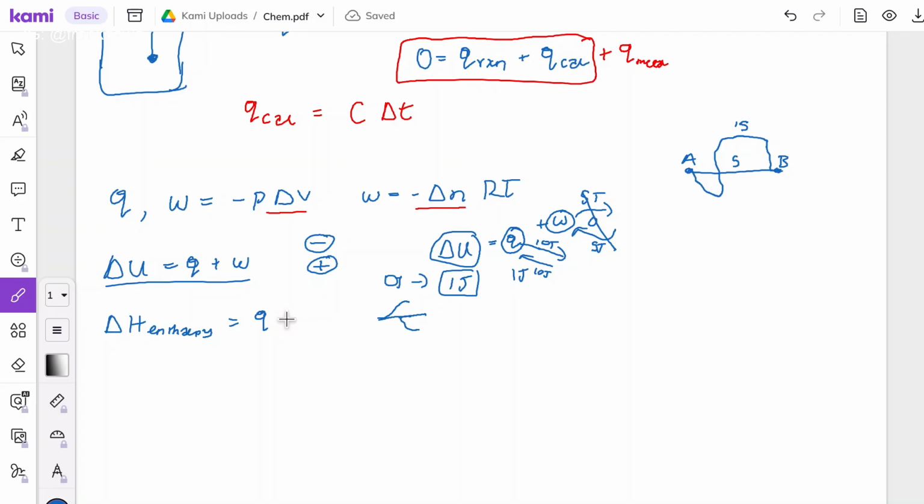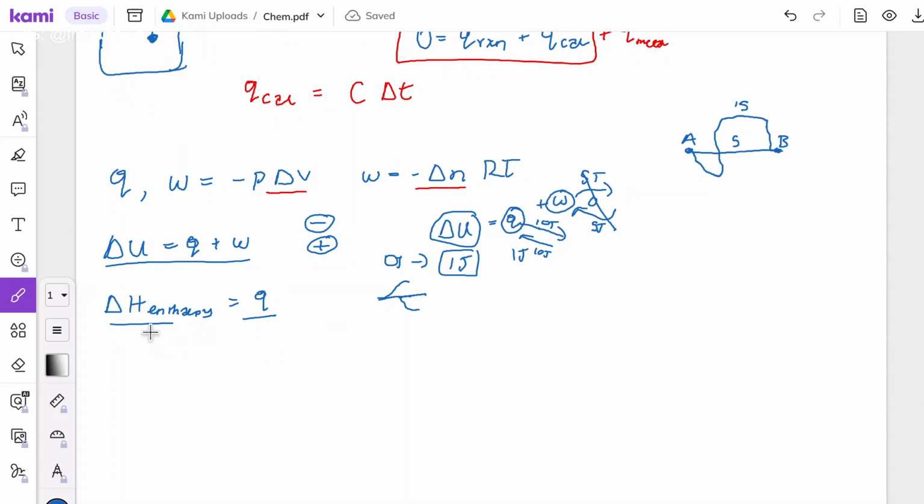So you don't have to remember much, but basically enthalpy is the same thing as Q. And the equation for enthalpy is directly derived from the equation for Q, because if you remember, U equals Q plus W, and W is also equal to negative P delta V.